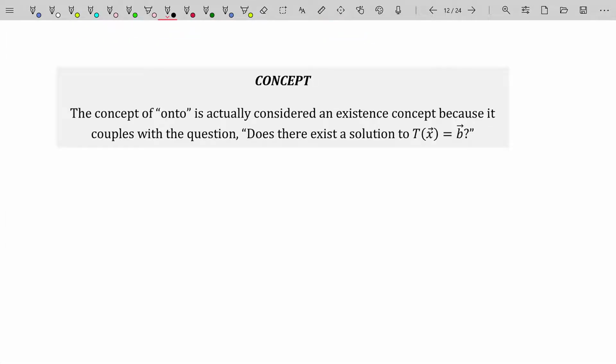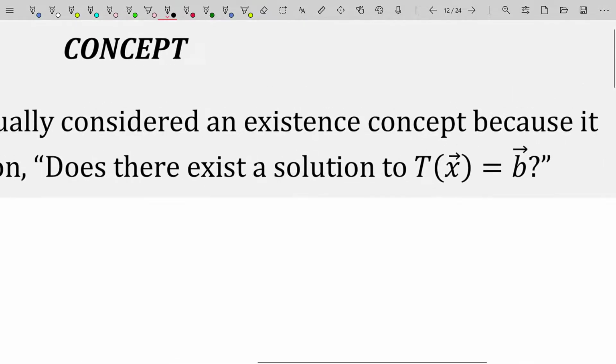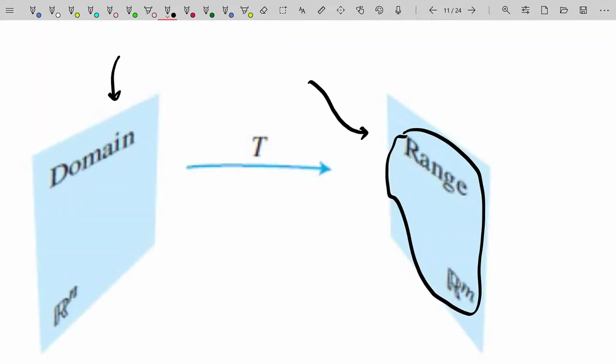Now, the concept of onto, the range and the codomain being the same, is actually considered an existence concept because it couples with the question, does there exist a solution to T of x equals b? If the transformation maps onto Rm, then every vector in Rm is from a transformation of a vector in Rn.